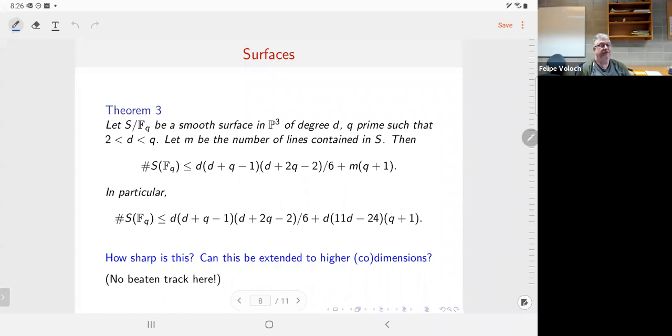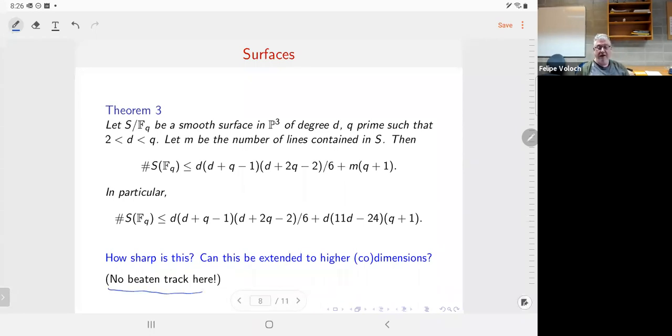There's very few results in the same spirit as Serre's book for surfaces. I can generalize my old results for surfaces, but there's no beaten track here.